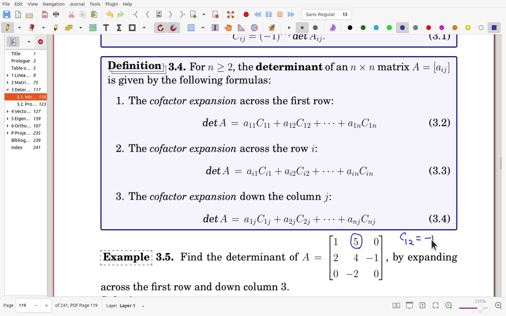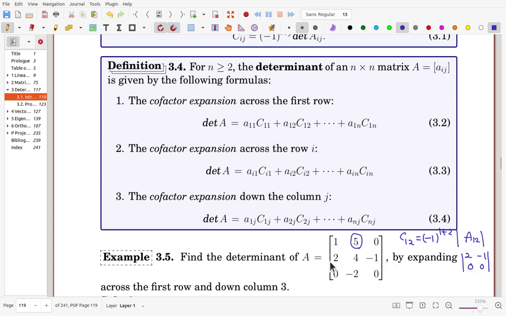That is the same as minus 1 to the 1 plus 2, since ij is 1, 2, times the determinant of A_1,2. The submatrix is made after deleting the row containing that 5 and its column. If we delete this row and column, then the remainder part is 2, minus 1, and 0 and 0.